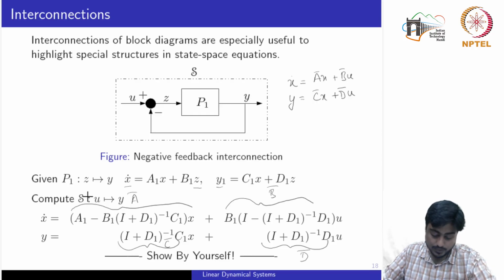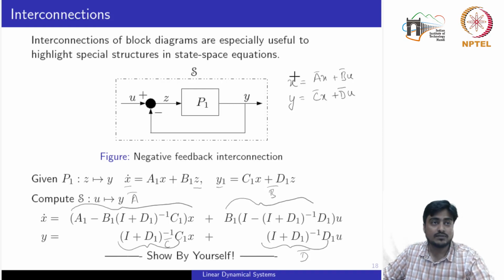Now when we compute the mapping from U to Y, the input of the system is replaced by U from Z, and all these matrices are now changed to these matrices by keeping the same output variable and the same state variable. Okay, so this you can show by yourself, how to compute the overall state space representation from U to Y if we have a feedback system.